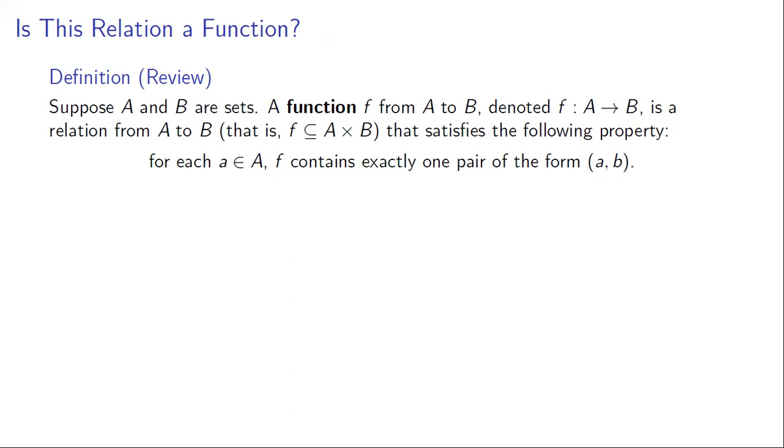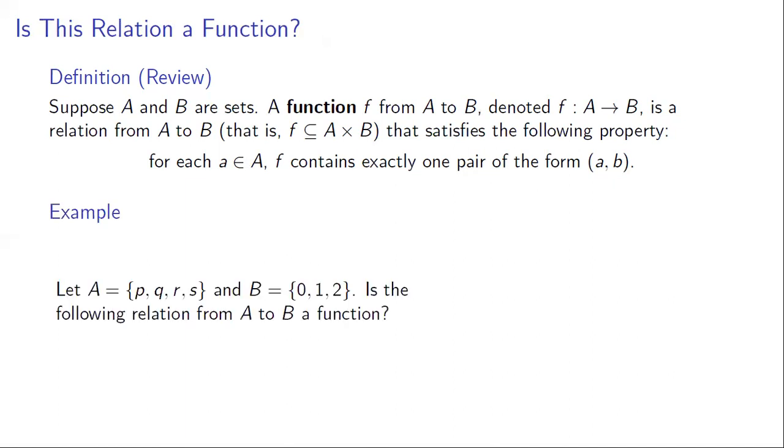Now, let's look at some examples of things that are definitely relations from A to B. And for each of them, we'll try to determine whether the relation is a function. Many relations are not functions. Many relations are functions. So we'll try to determine that.